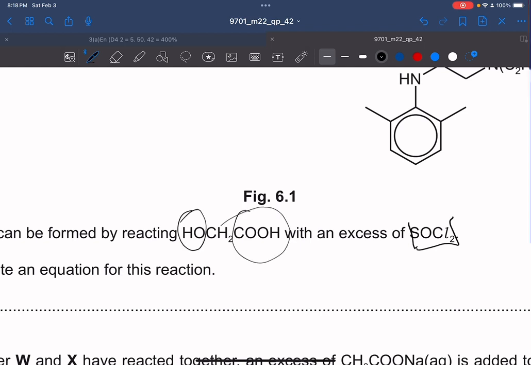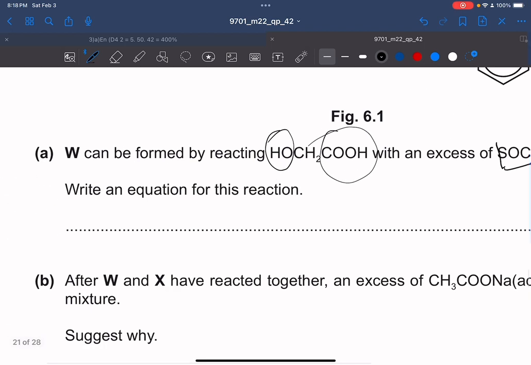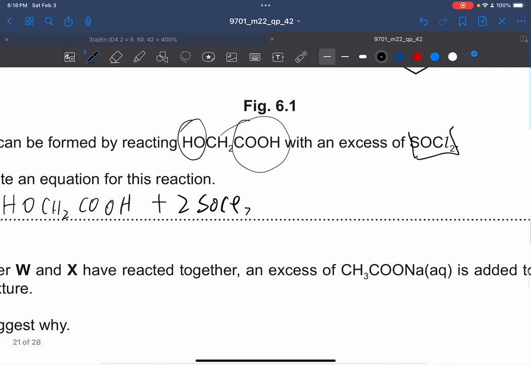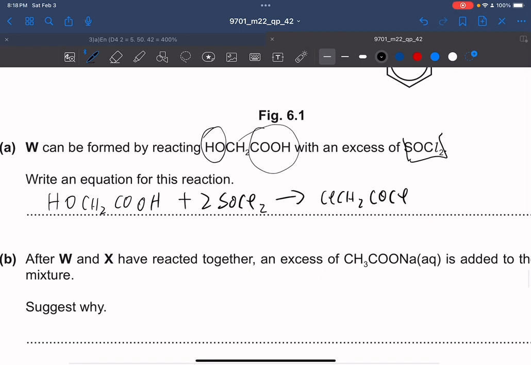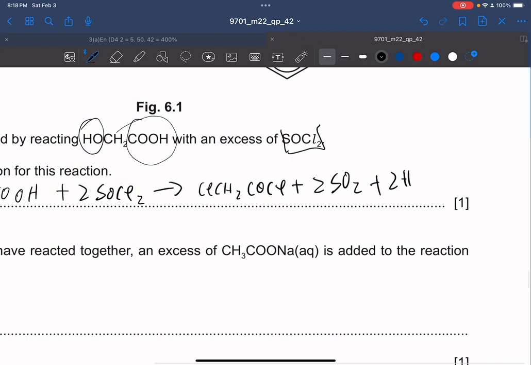And here you have a carboxylic acid and an alcohol. So you're actually going to have two chlorines that are going to substitute in there. So you're going to have Cl, CH2, COCl. We just released two HOs, so we're going to have two SO2s and we're going to have two HCls. Simple as that.